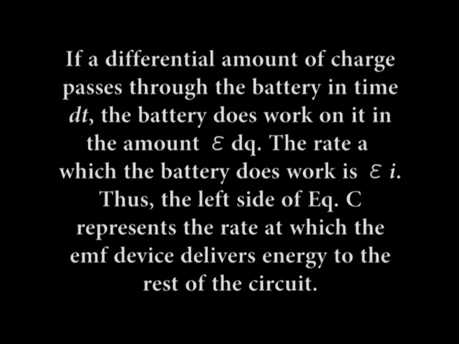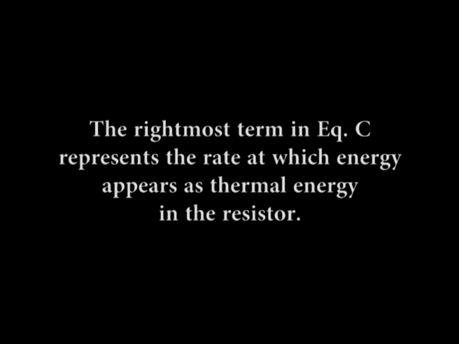Thus, the left side of the equation represents the rate at which the EMF device delivers energy to the rest of the circuit. The rightmost term represents the rate at which energy appears as thermal energy in the resistor.